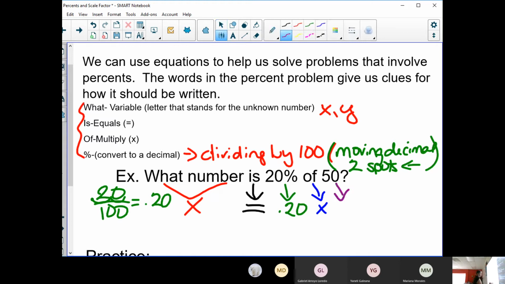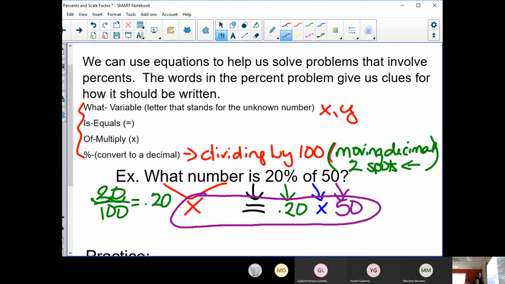And then we just bring 50 down because it is a number already there for us to use. So my equation reads X equals 0.20 times 50. That is the percent equation. This right here is the percent equation. X equals 0.20 times 50.